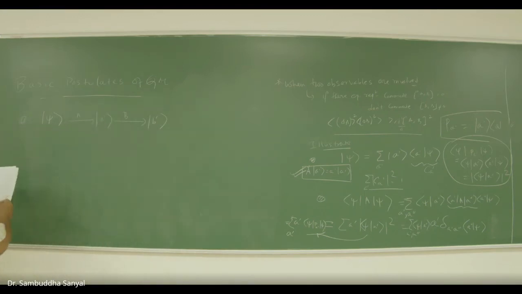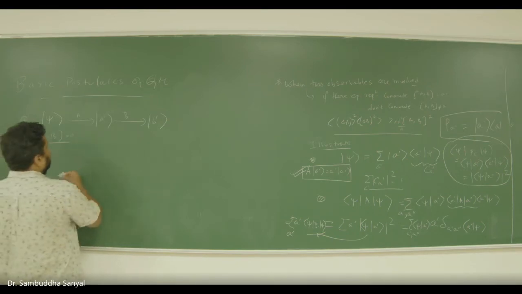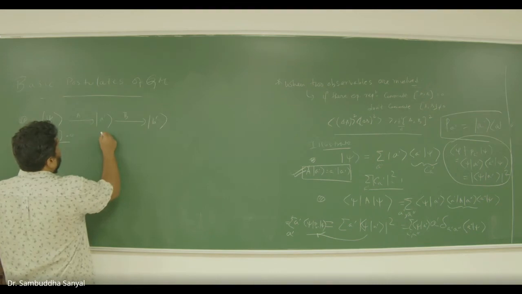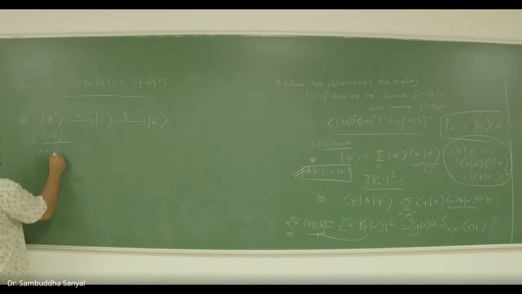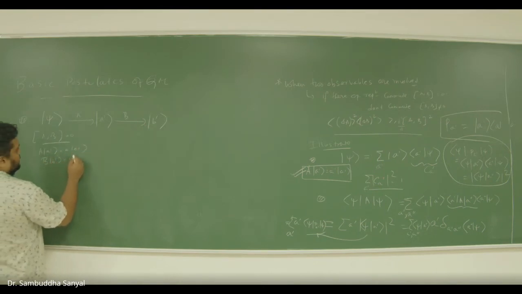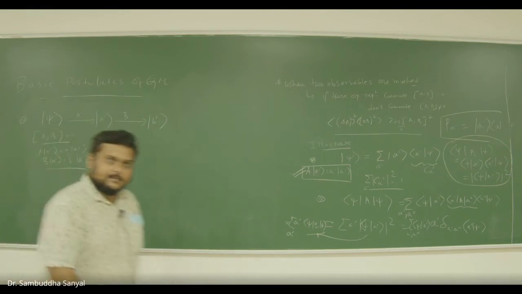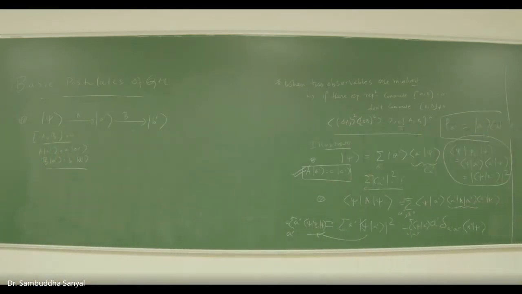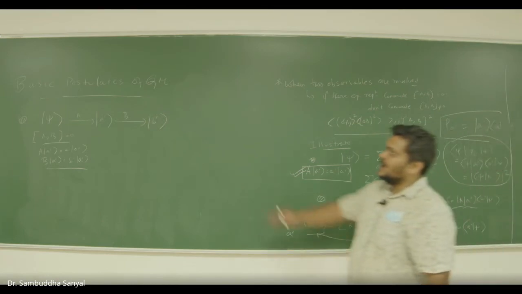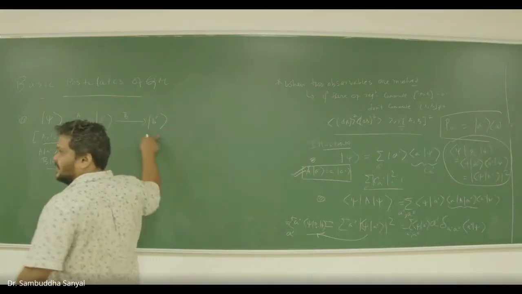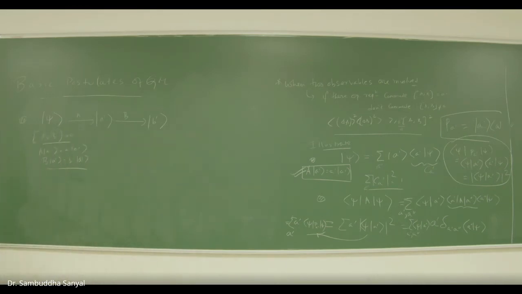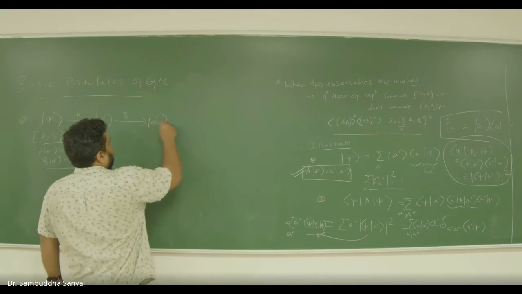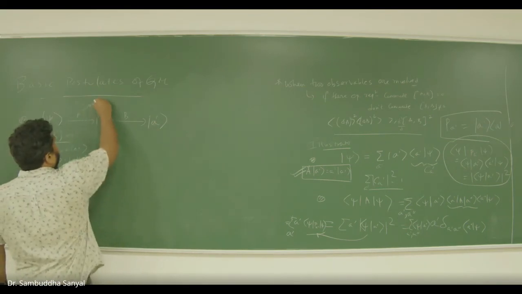But as we discussed earlier, if A and B commute, then they will have common eigenstates, which means their eigenvalues may not be the same, but their eigenkets are at least the same. So if you measure the second one, you will project it into the same eigenket, because it's also an eigenket of B. So here the value you will get is A prime, and here the value you will get is B prime.